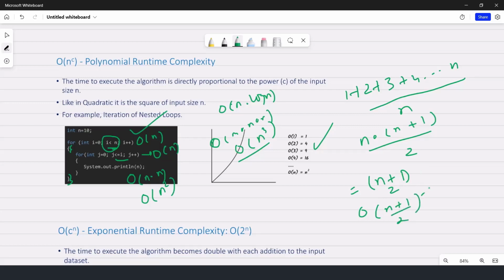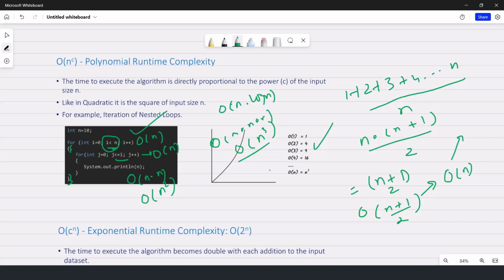And we can simplify it: we can ignore the 1 and we can ignore the 2, because if the n value is very high, we can ignore the plus 1 and the divide by 2, and we can write it as O of n. This is the complexity of the inner loop, because it is dependent on the outer loop.